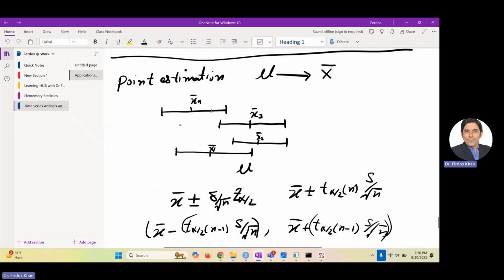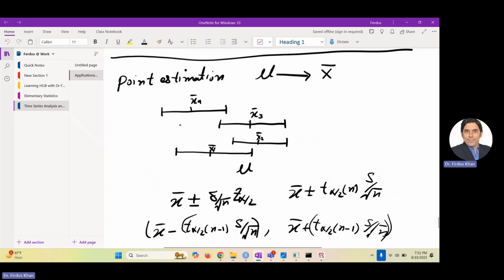One way to overcome this issue is to calculate lower and upper confidence limits for the sample mean based on the sample data. You can see that these are the lower limit and the upper limit, and the limits contain the population mean mu. Similarly, this is the lower limit and the upper limit for x2 bar, and it also covers the population mean.